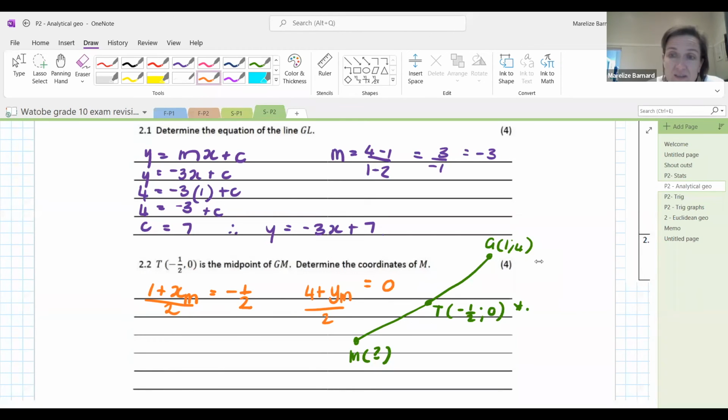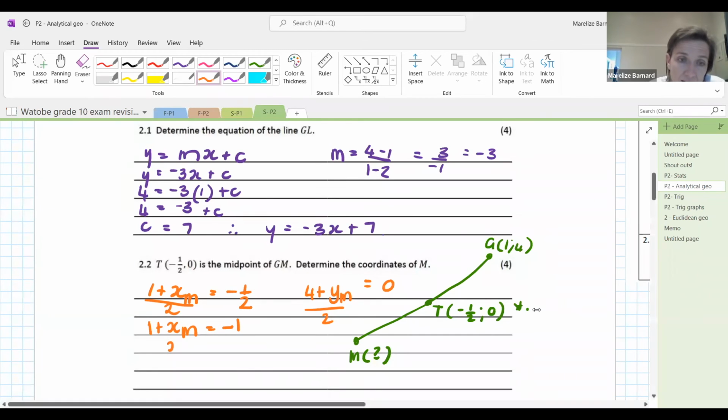Mitchell says it's -4. I think you are very right. To get rid of this 2, I'm going to times by 2. So I get 1 plus x is -1/2 times 2, which is -1. Then we take the 1 over to the other side, and it's going to be -2, because -1 minus 1 is -2.